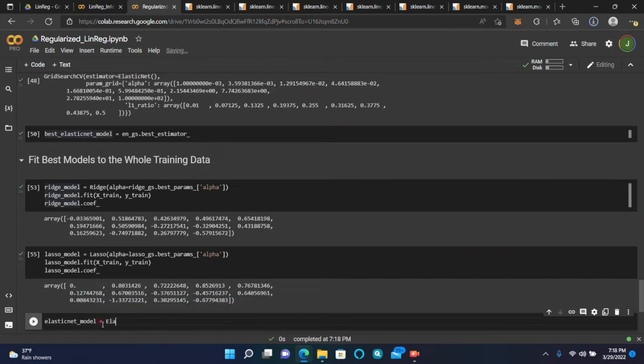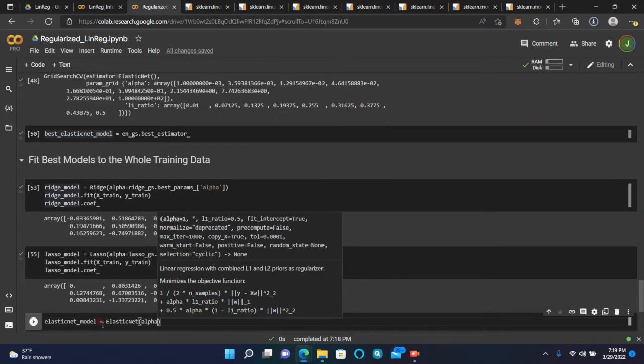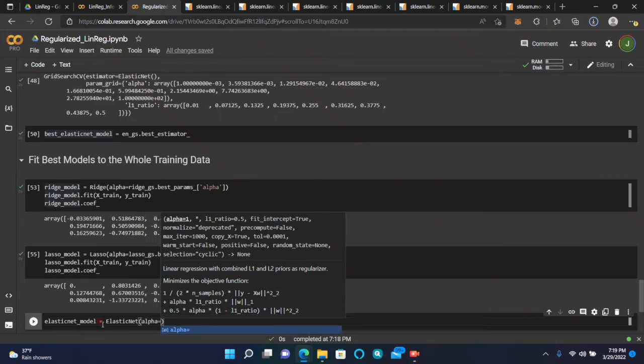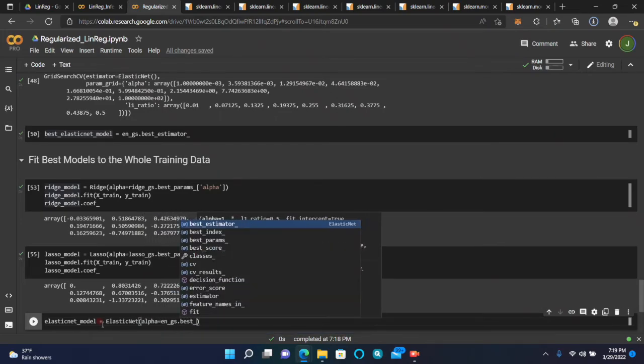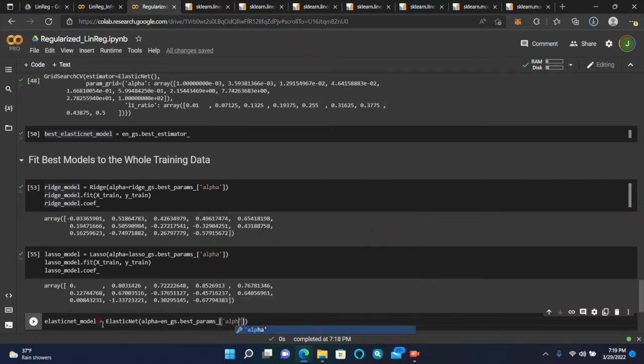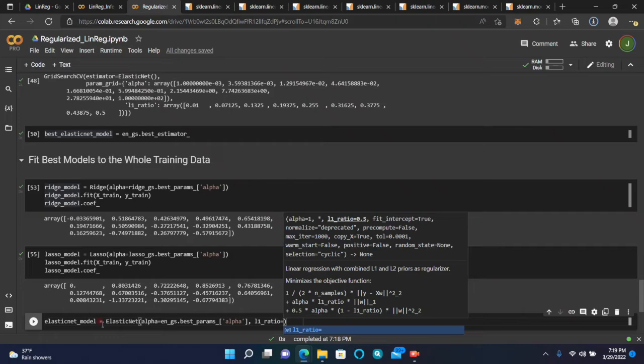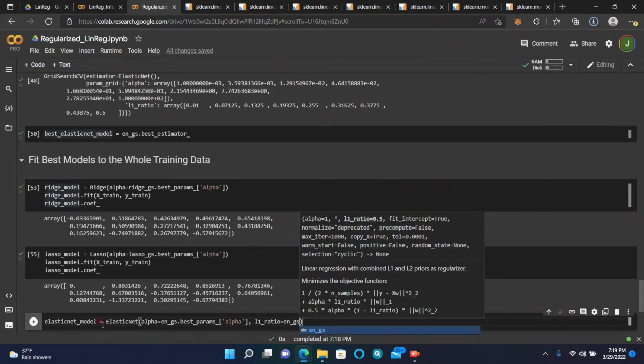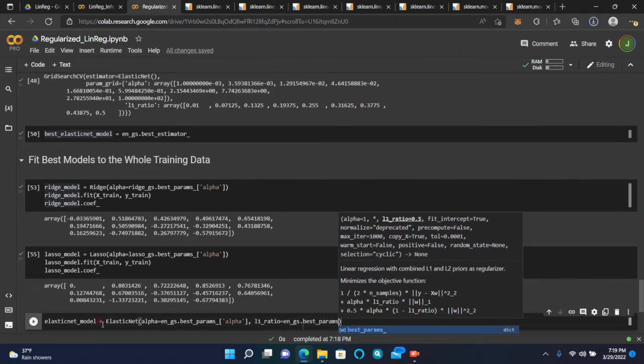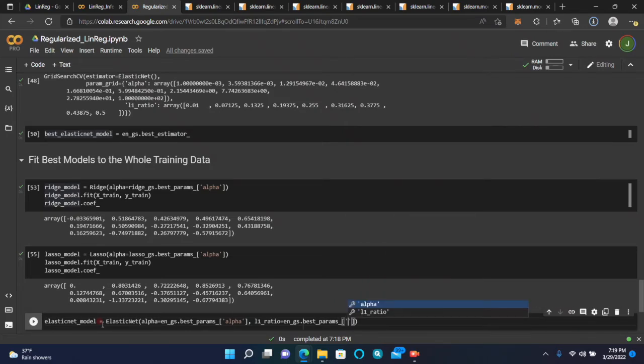Now we'll need a new elastic net model. And we need alpha is equal to elastic net grid search best params alpha. And the L1 ratio is going to be equal to the elastic net grid search best params, L1 ratio.